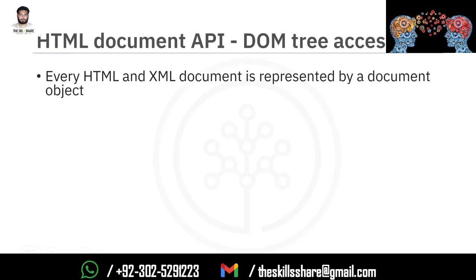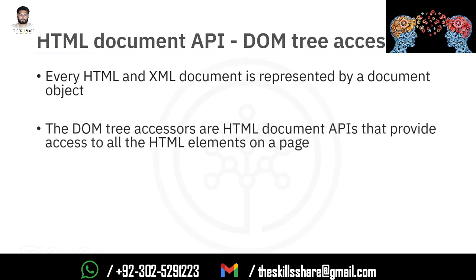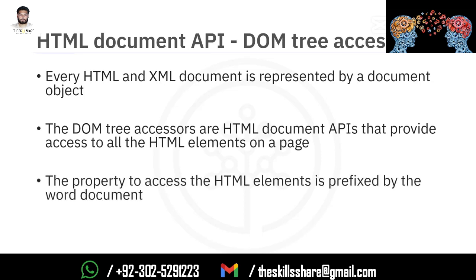The document object provides access to all HTML elements in a page and can be accessed from within a script. The DOM tree accessors are HTML document APIs that provide access to all the HTML elements on a page. The property to access is prefixed by the word document.